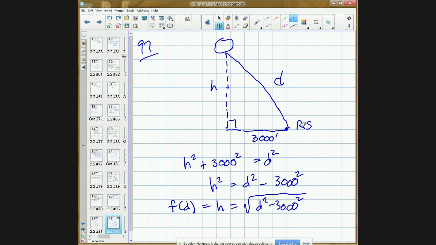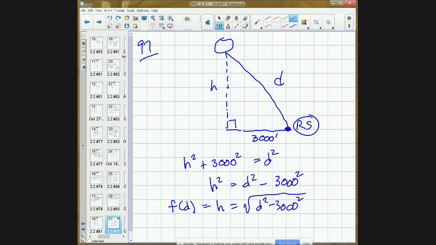So I'm saying this is the receiving station over here, labeled RS. And if you go 3,000 feet over, the balloon goes straight up from that point. And how high does it go? That, as the book says, let's let that be called H. Okay. And then it says D represents the distance between the balloon and the receiving station. So that's, you see how I've labeled that D.